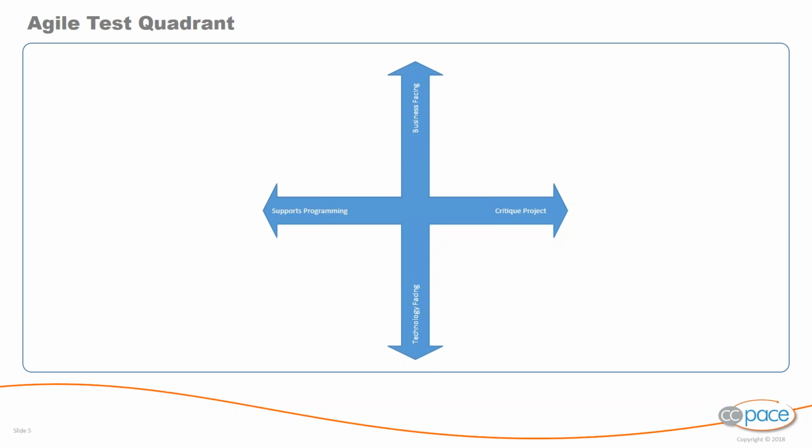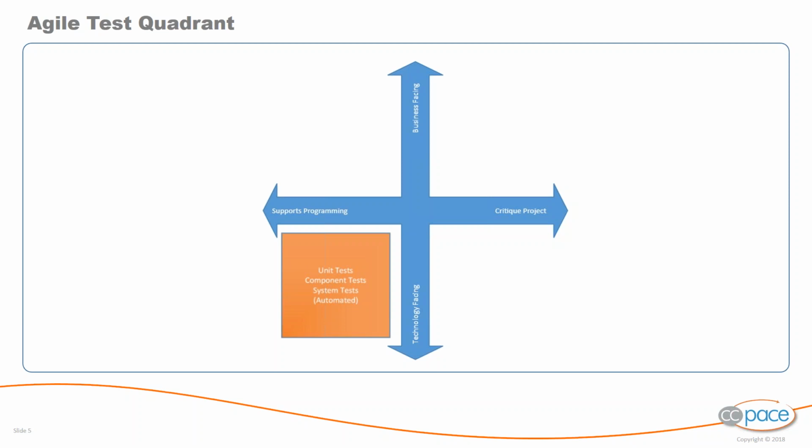The test quadrant basically categorizes tests based on whether they are business-facing or technology-facing, and whether they support the development effort or are used to critique the project. The first quadrant, the one that is technology-facing and supports programming, contains tests that are by the developers and for the developers.